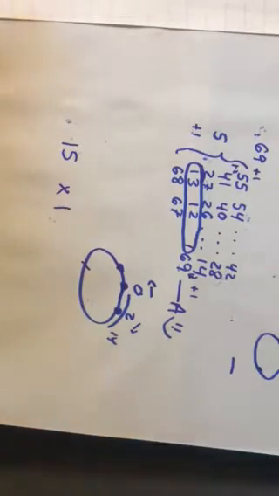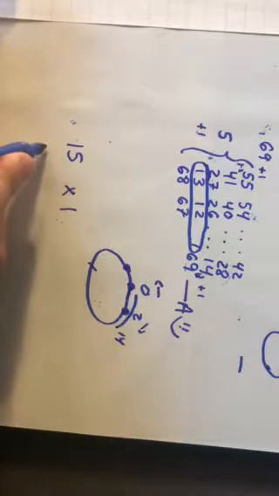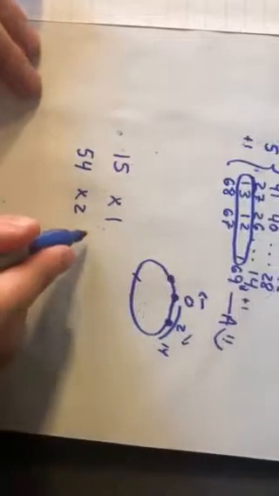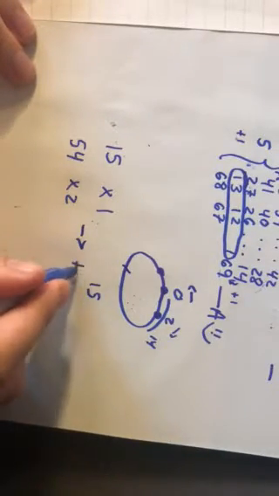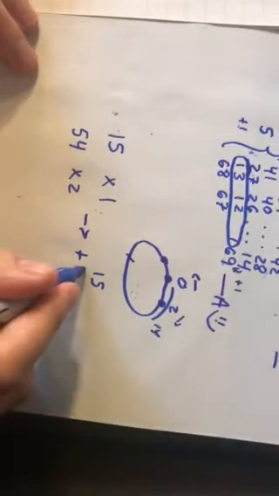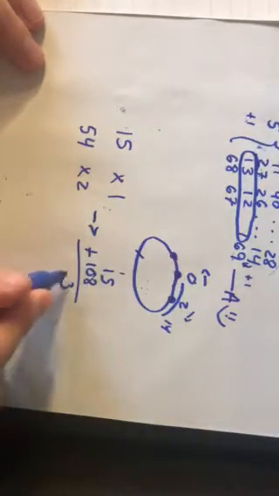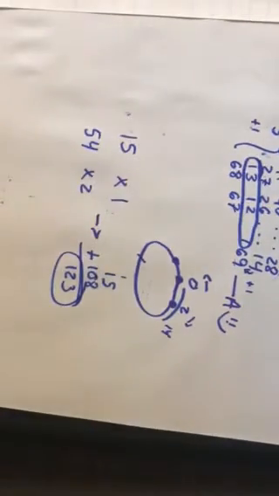And then the rest of the times, there's 69 total, so 69 minus 15 is 54. He's going to cross twice. So this gives you 15 plus 108, which is 123 times that he's going to cross the other person.